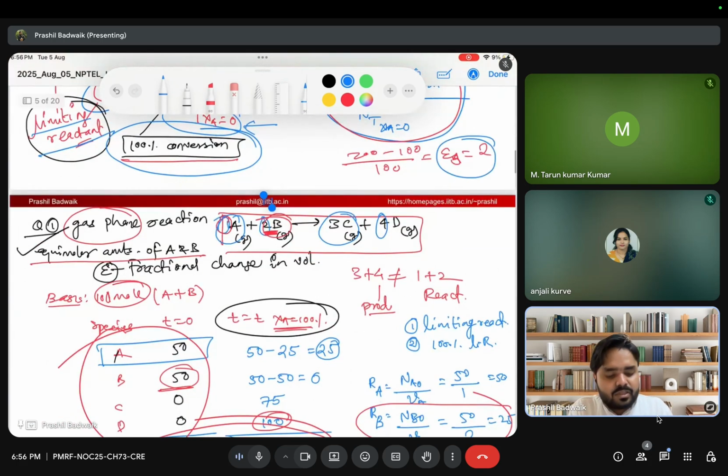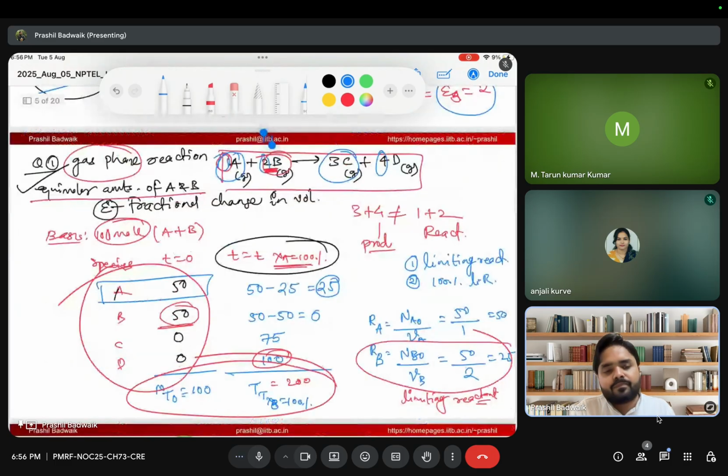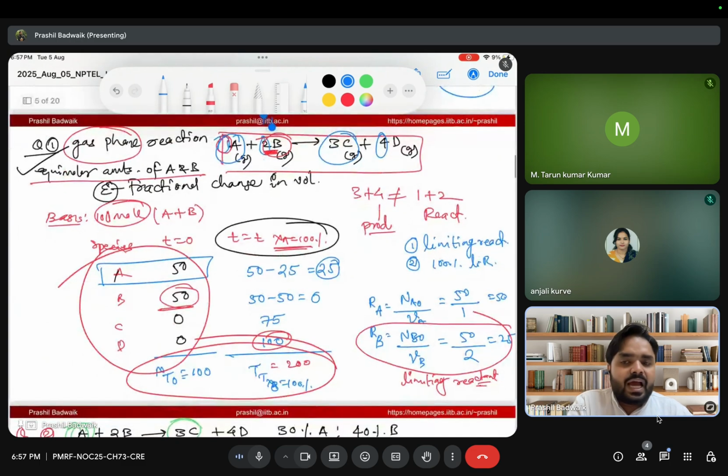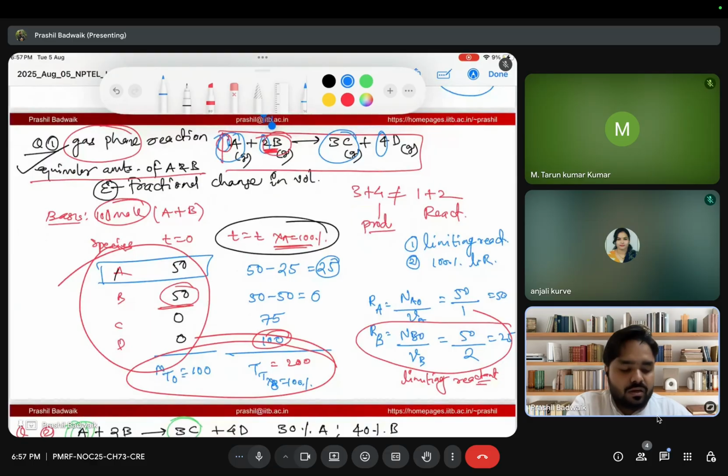Can you calculate for the same question what is epsilon A? We know that fractional change in volume is defined for the limiting reactant, but can we calculate epsilon A? Indeed, we can calculate epsilon A, though it will not be used in calculating the conversion and other parameters.